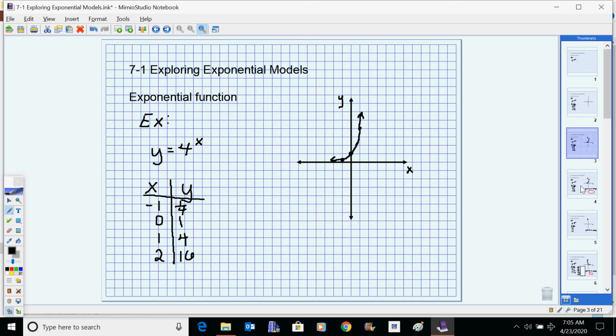Now there's two possible things that can be happening. It can be either increasing very quickly, or it can be decreasing very quickly. We call it a growth if it's increasing very quickly, or a decay if it's decreasing very quickly. This one, because it's getting to be greater and greater very quickly, is a growth function.